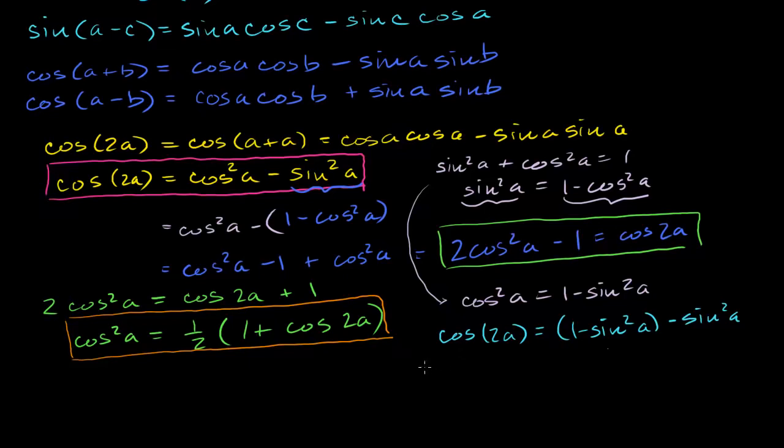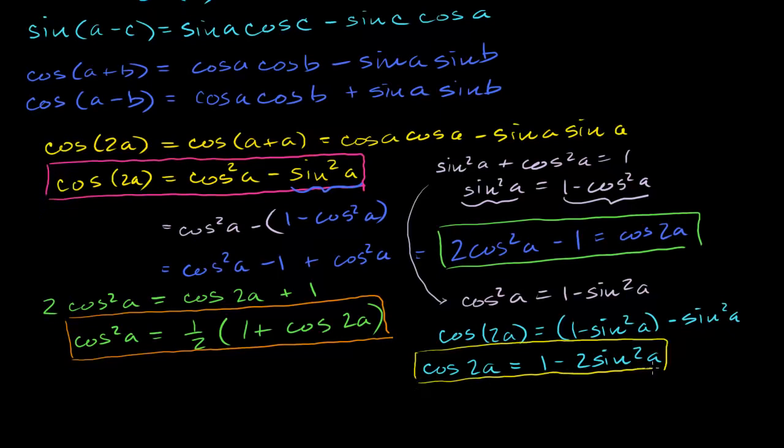And so my cosine of 2a is equal to, see, I have a minus sine squared of a minus another sine squared of a. So I have 1 minus 2 sine squared of a. So here's another identity, another way to write my cosine of 2a. We're discovering a lot of ways to write our cosine of 2a.